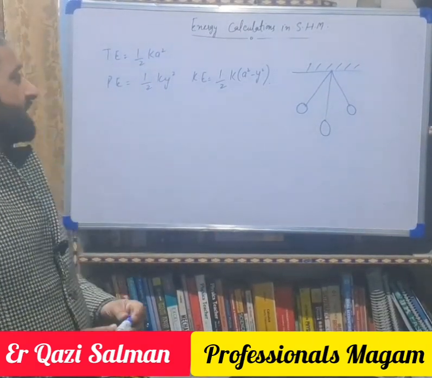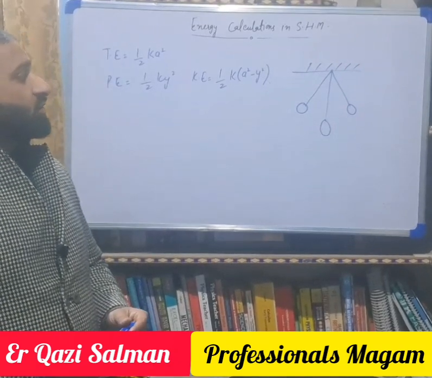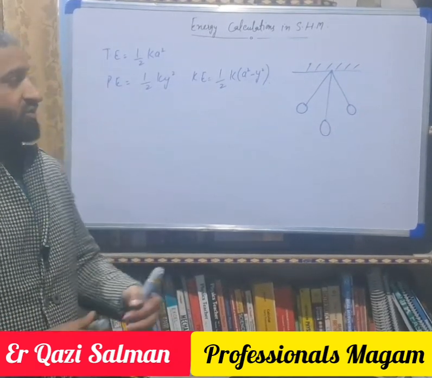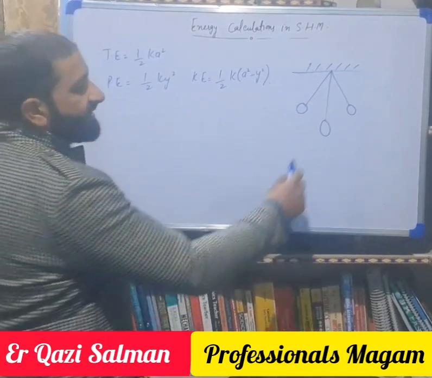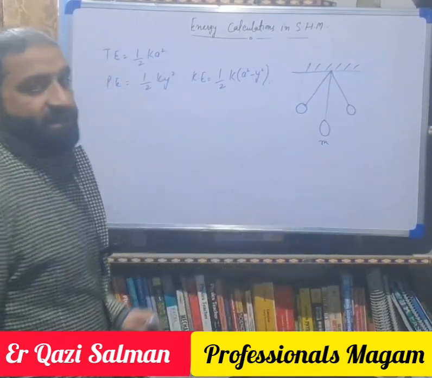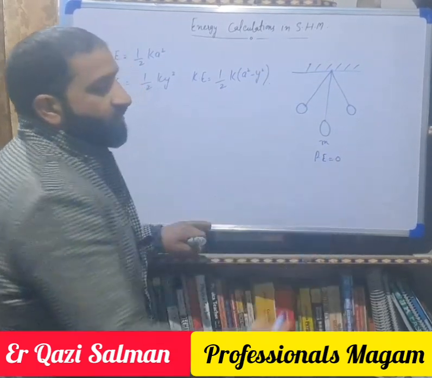potential energy is 1/2 K y², and kinetic energy is 1/2 K (A² − y²). So if we calculate the potential energy at the mean position, as y is equal to 0, potential energy at the mean position is equal to 0.